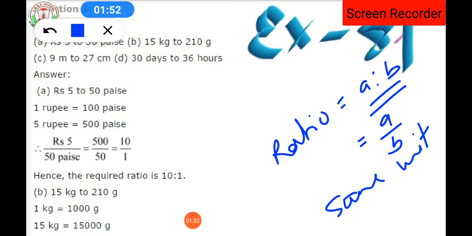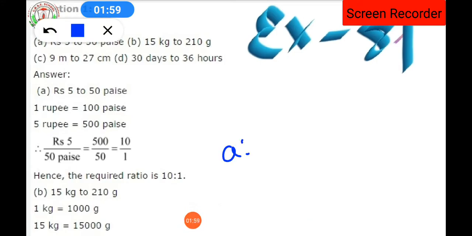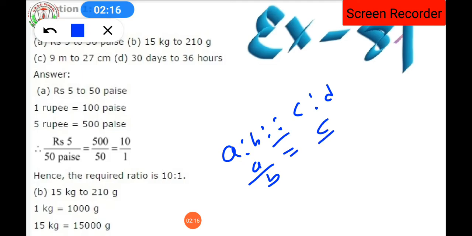In the same way we are going to deal with proportion, that is A is to B :: C is to D. A is to B, this 2 dot is said to be a ratio and it is read as 'is to'. Then the 4 dots are called a proportion and it means 'is equal to'. So here it will become AD equals CB.